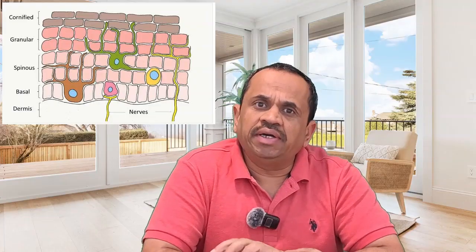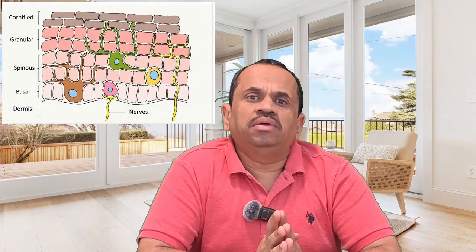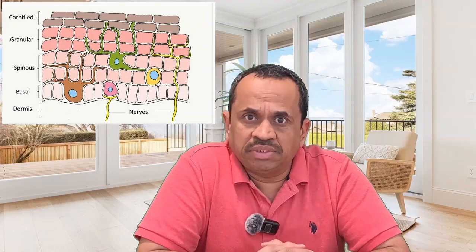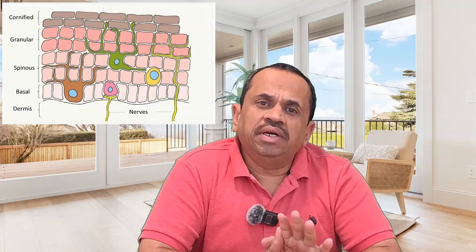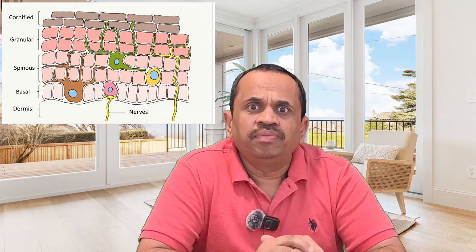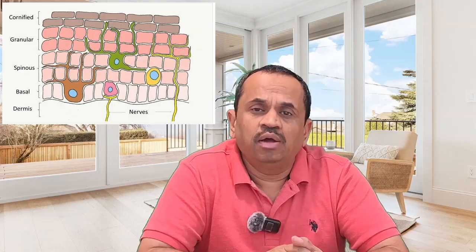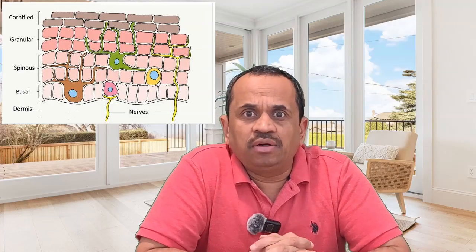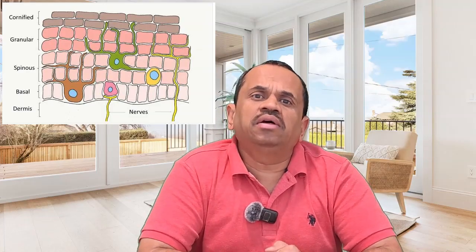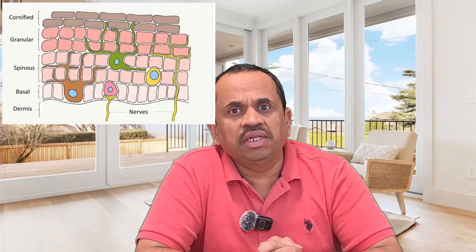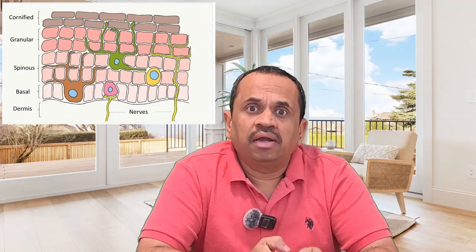This layer doesn't appear everywhere. It appears mostly in sole and palm skin, and it is a very thin layer, around 1 to 2 cells thick, and it is very rare to see in common preparations of skin.